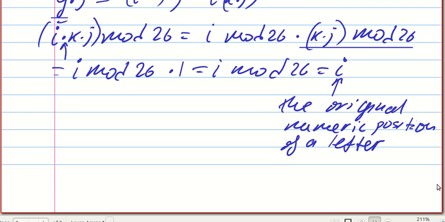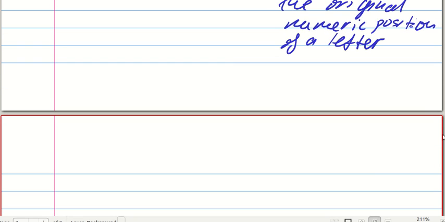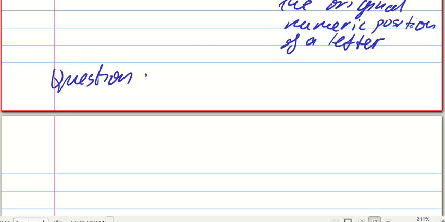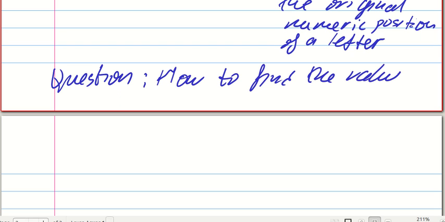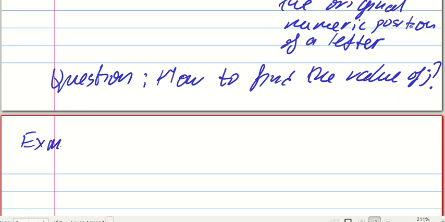The question, which I haven't explained yet, is how to find j that would work. So the question: how to find the value of j? That's the question. So let's do a small example to understand, is it easy or is it hard?